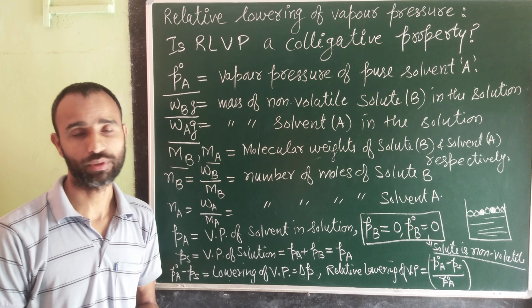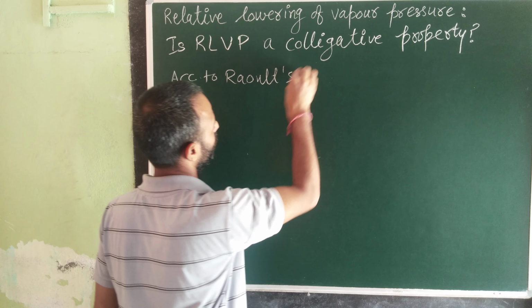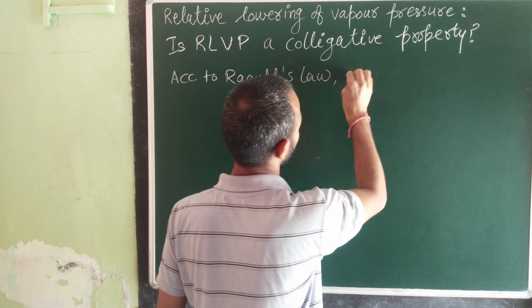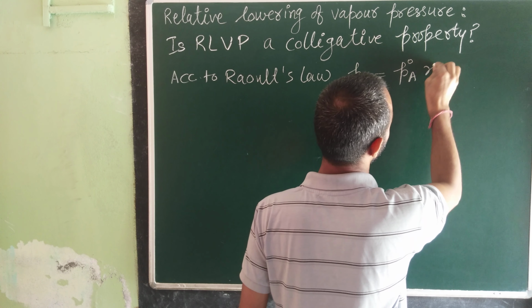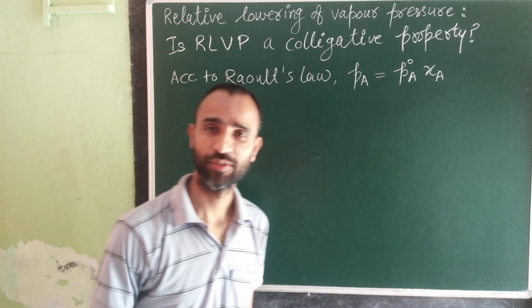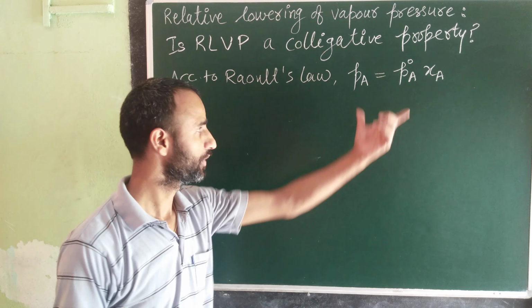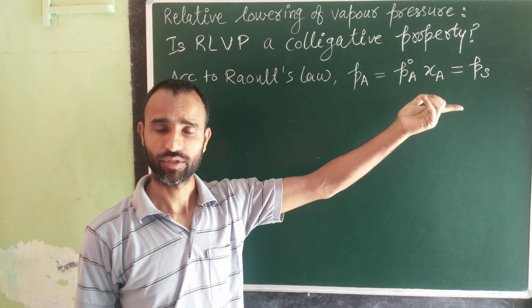Now, according to Raoult's law, you know, PA equal to P naught A XA, that is Raoult's law. PB is 0. So according to this PA equal to PS, that we have already seen, because solute is non-volatile.